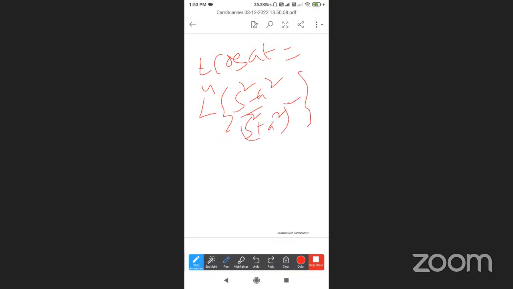We are adding and subtracting in the numerator plus 2a square.